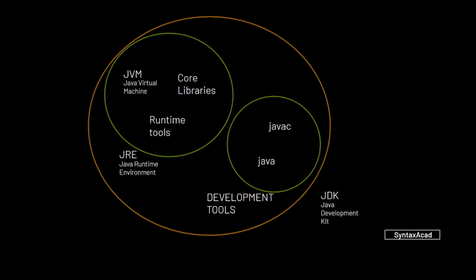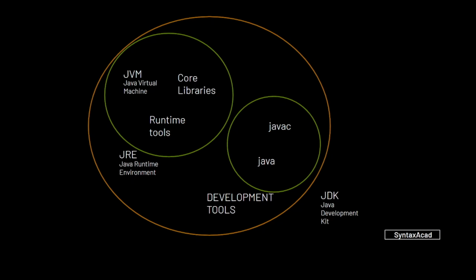For the whole process of developing a Java application, first, you write the application code, and this application code is compiled into what is called a bytecode. Compilation here means transforming the application code into another format called the bytecode.